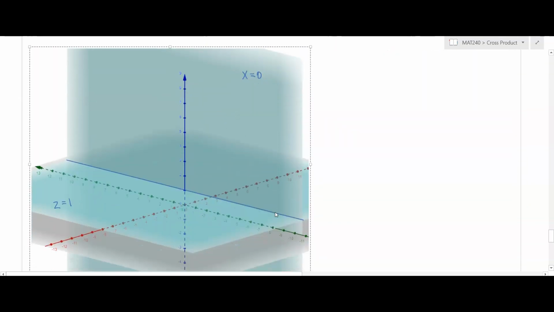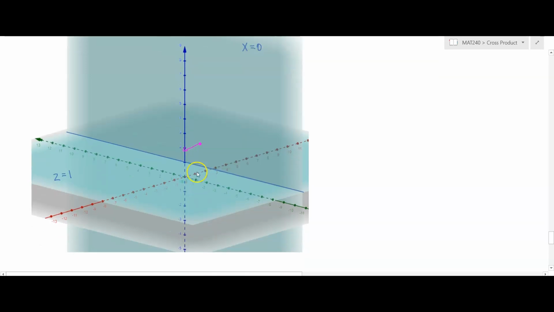Well, one observation we can make is that if we start off by finding vectors that are perpendicular to our planes. So let's just say here we have a point that's on this plane, and that vector is going to point perpendicularly to that plane. So imagine that this angle right here is a right angle.